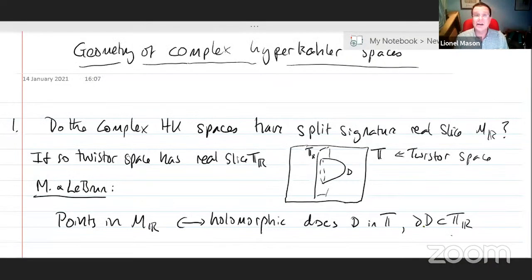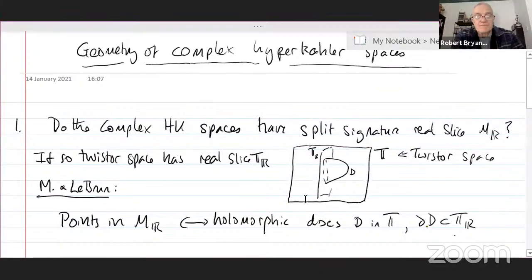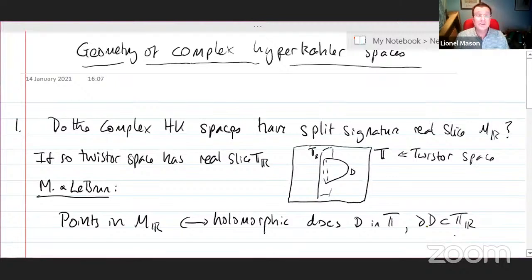Okay. So I think the first thing I wanted to say was related to this last discussion. Is that now visible? Yes. Okay, sorry, maybe it's a little bit the wrong shape. So maybe Tom can answer this question: does it have a split signature real slice?